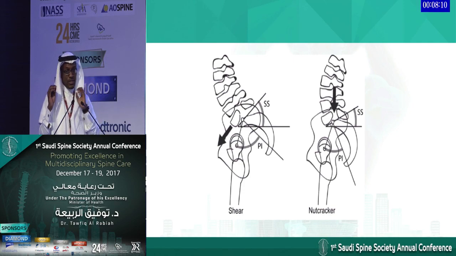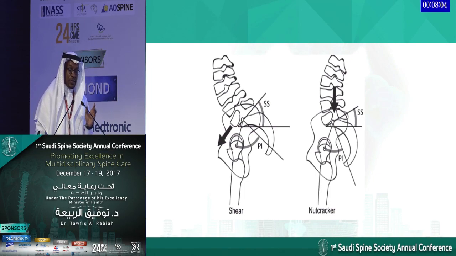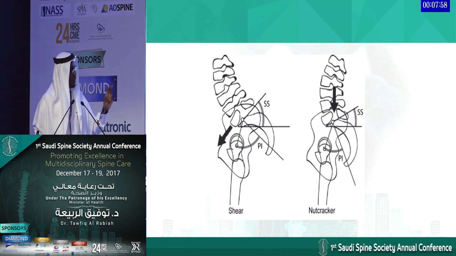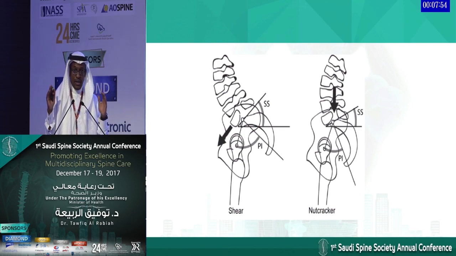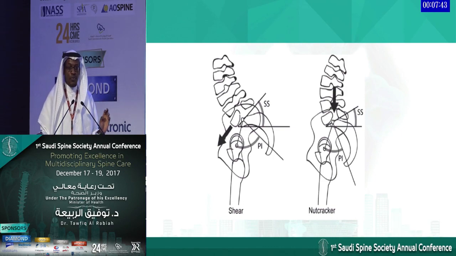He noticed that patients with spondylolisthesis have high pelvic incidence measures. Subsequent work by Rizzoli found a subgroup of patients who do not have very high pelvic parameters, though they develop spondylolisthesis. All these are retrospective studies, by the way. Those patients are called the nutcracker type, and the ones on the left are called the shear type of spondylolisthesis.